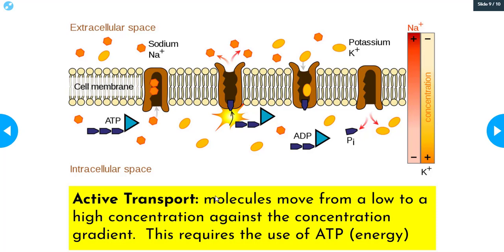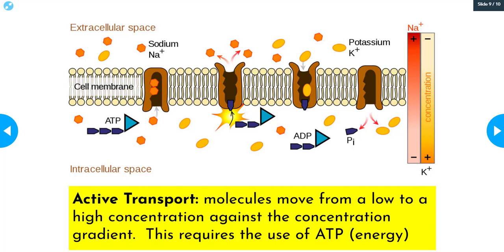So in this example, in this picture, you have a very classic example of active transport, which is the sodium-potassium pump that keeps the resting potential of cells. And in this picture, you see the sodium-potassium pump keeping the resting potential of cells.